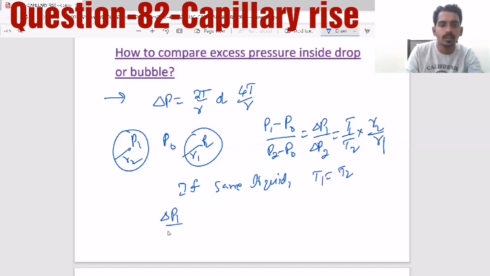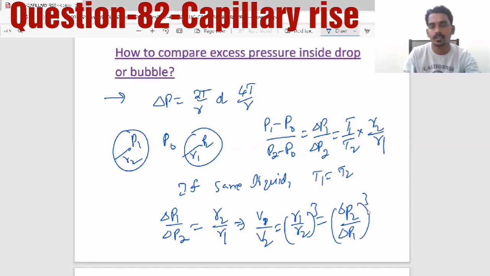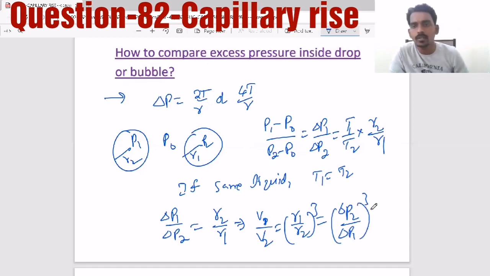Then delta P1 by delta P2 equals R2 by R1, which implies volume V1 by V2 equals (R1 by R2) whole cube equals (delta P2 by delta P1) whole cube. Like that, they can ask comparison based questions on the excess pressure between two drops or bubbles.